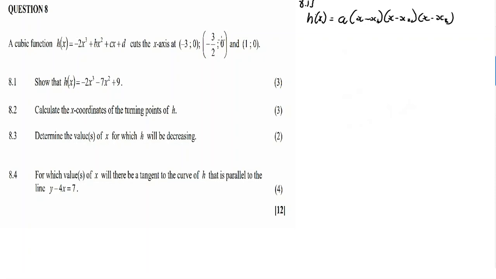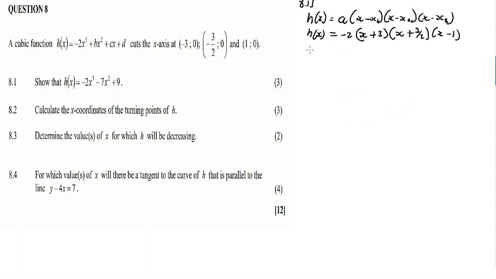So we substitute, and x1, x2, x3 are actually the x values, right? So we say a is minus 2, and this one is b, this one c, this one d, right? Then we say x minus x1 is x plus 3, x plus 3 over 2, and then x minus 1. Then we simplify again from here.